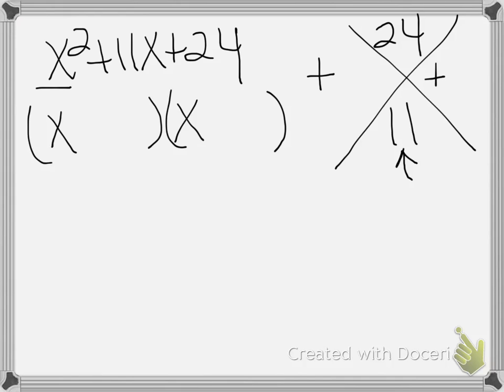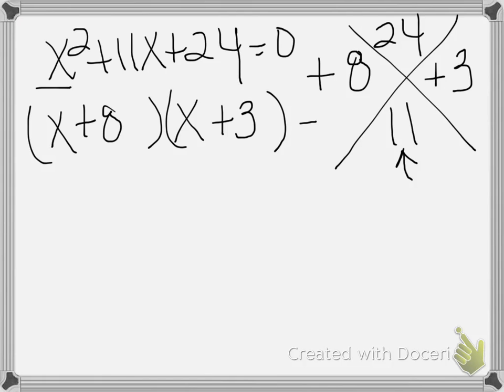Now, what factors of 24 are going to get you 11? I tried 6 and 4 at first, but that gets you 10 when you add them. But 8 and 3 get you 11. So they end up being a plus 8 and a plus 3. And if this was set equal to 0 and they wanted you to solve for the roots, you would go ahead and set both of these parts equal to 0.